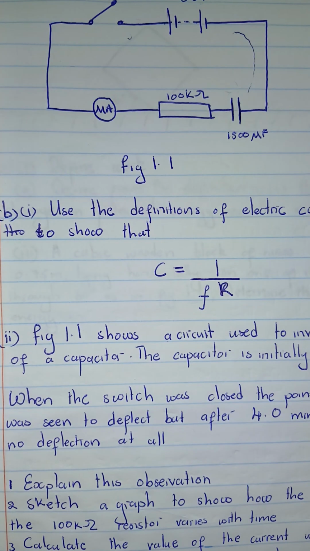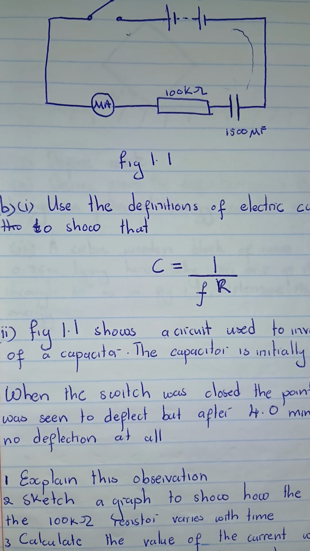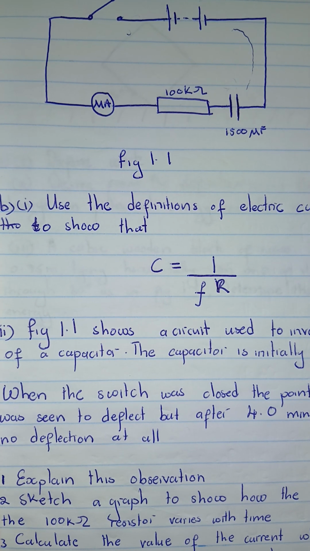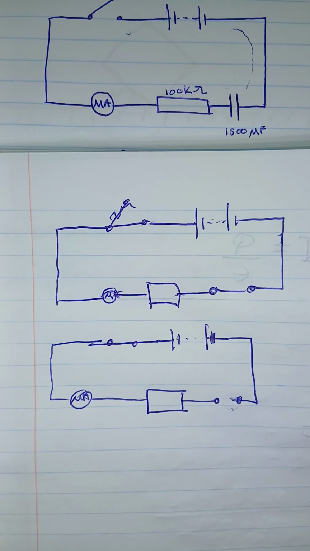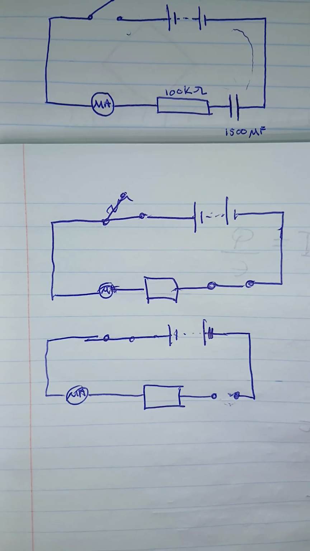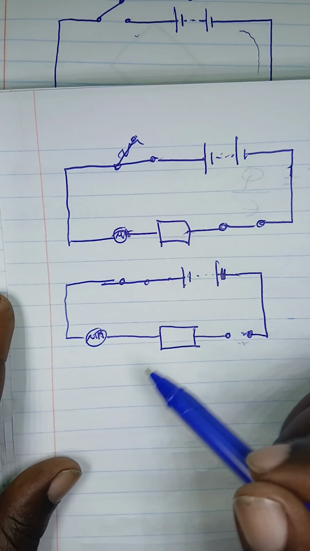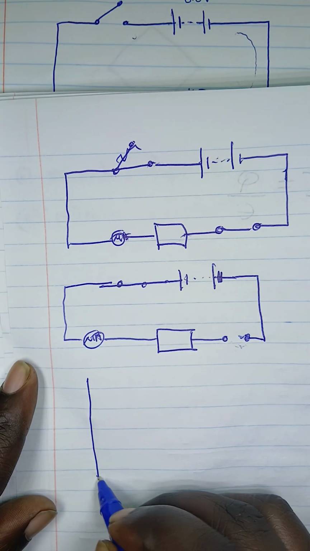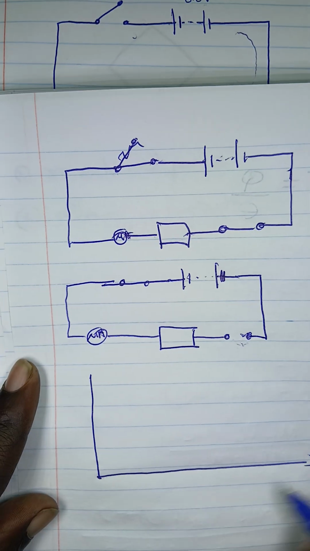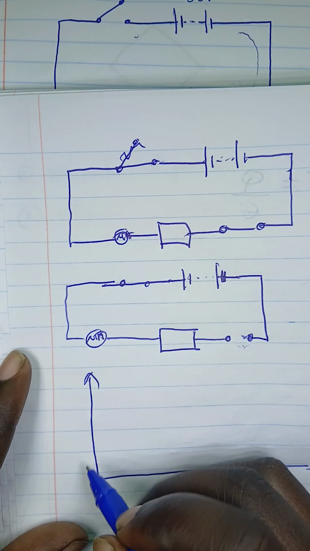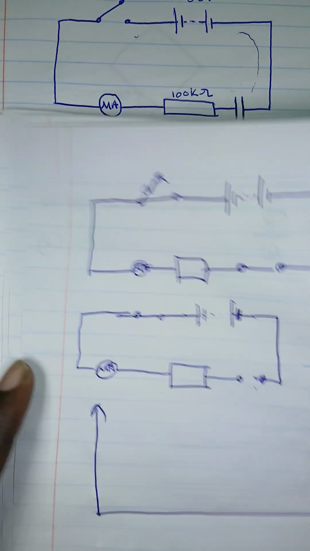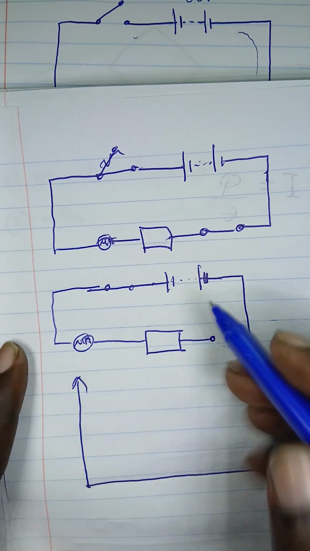Right, sketch a graph to show the voltage across the resistor of 100 kilo-ohms. So let's sketch the diagram. The capacitor charges exponentially. Across the resistor, we are told to look at the voltage across the resistor.